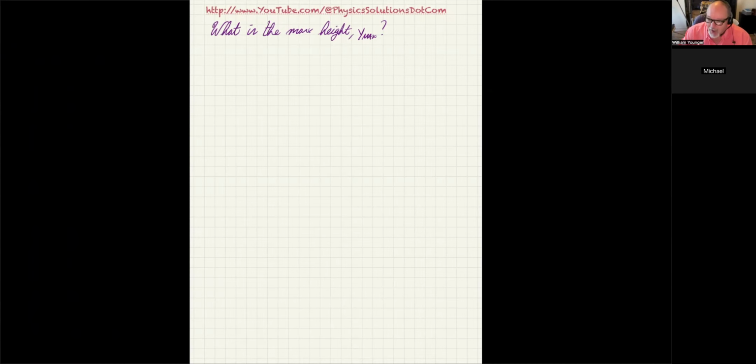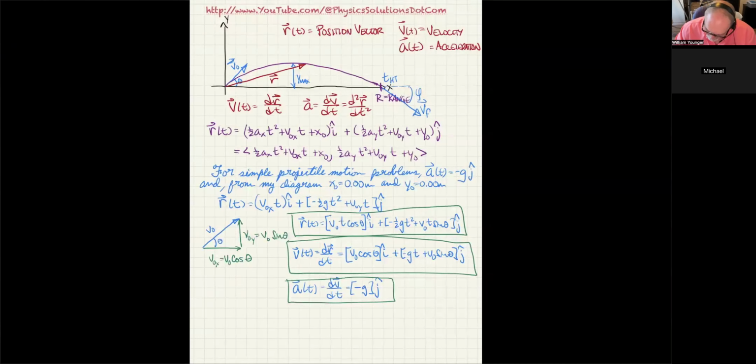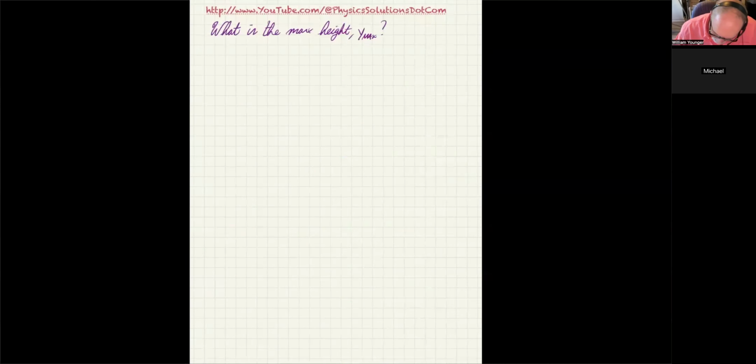The way we'd make y as a function of x is we could solve for t and then replace the t variable with the x using things like x is equal to v0 cosine theta times t, and then t would, of course, be x over v0 cosine theta, something like that. But in this case, we're going to say y equals y max when vy is equal to 0.